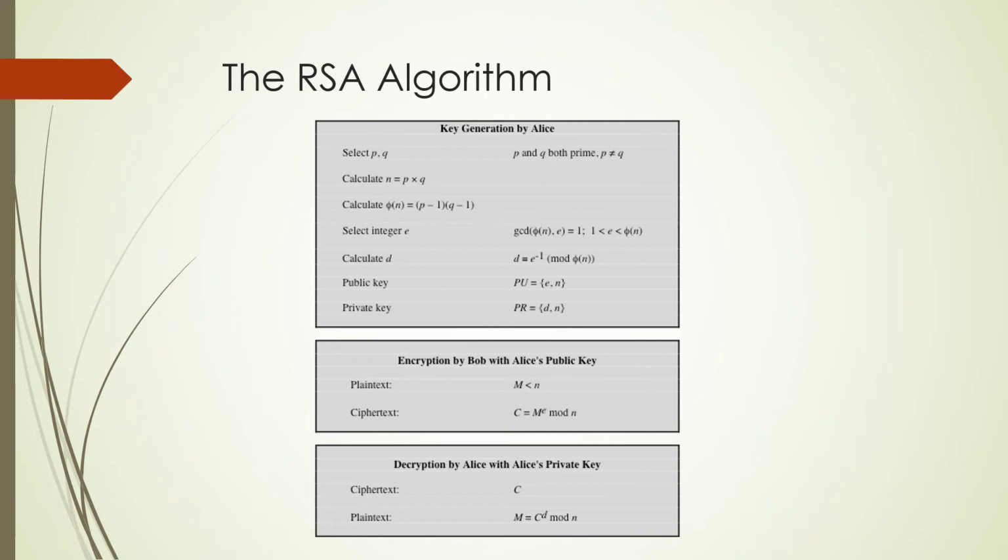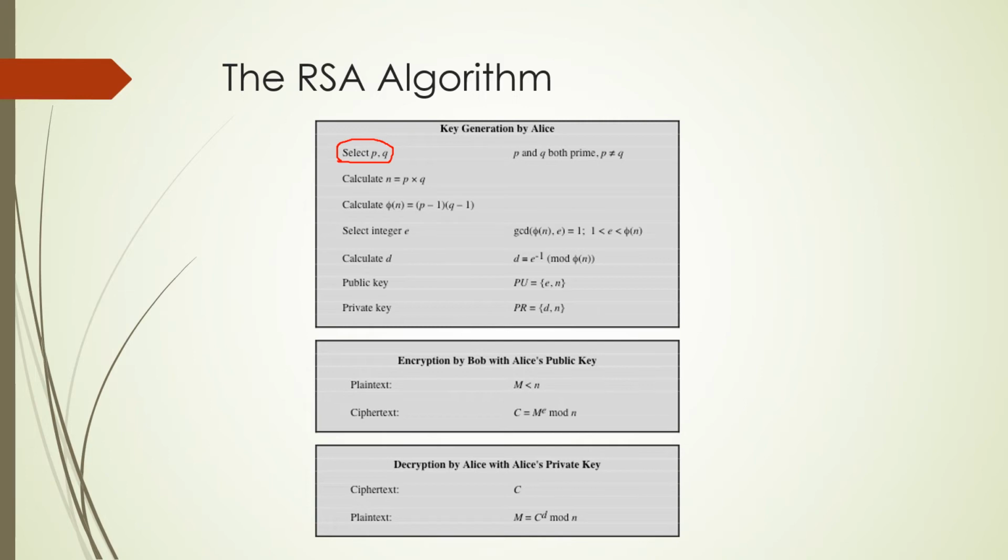Let's say Alice, who is going to be the receiver of a message, is going to generate a public key and a private key. First, Alice selects two random prime numbers p and q that are very, very large, right?